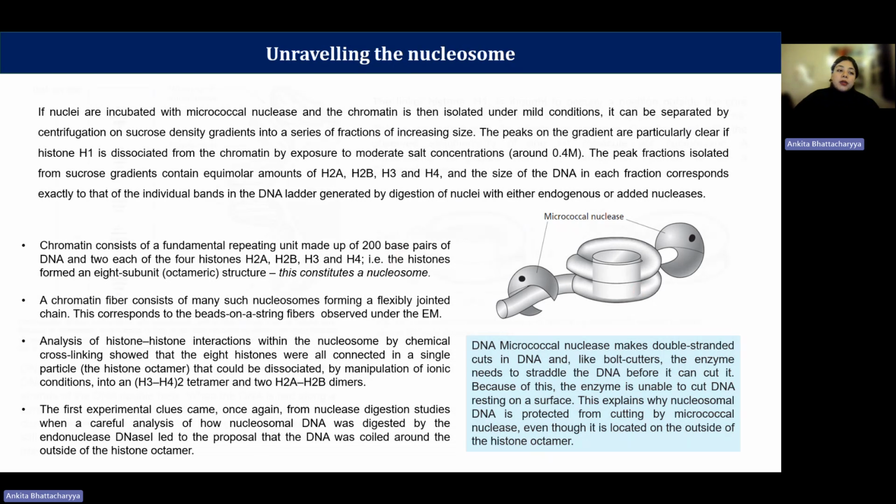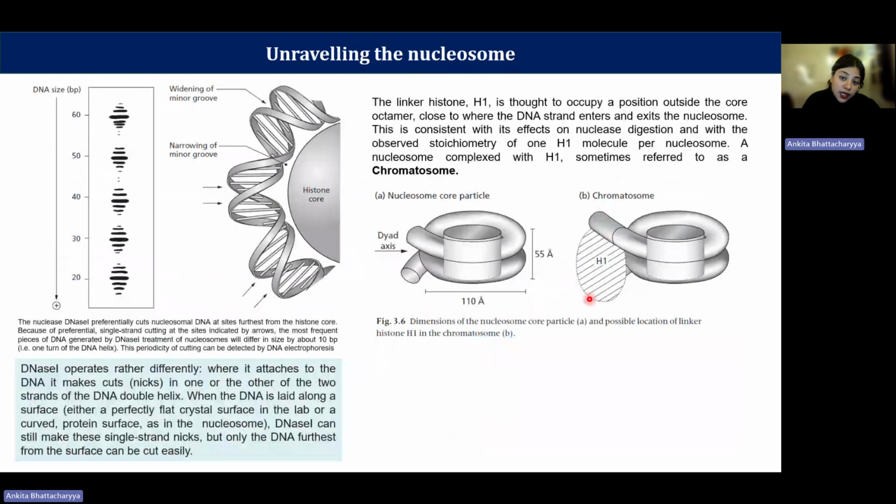In contrast, when we try to understand how DNase 1 works, you can see that it preferentially cuts DNA at sites which are farthest away from the histone core. There is a preferential single strand cutting, which is indicated by arrows.